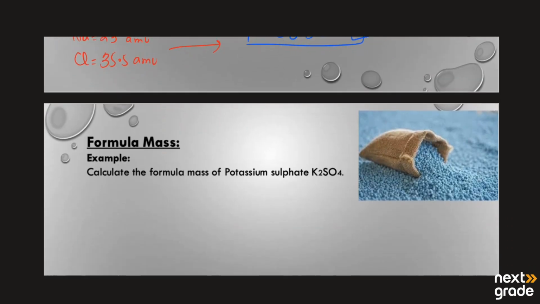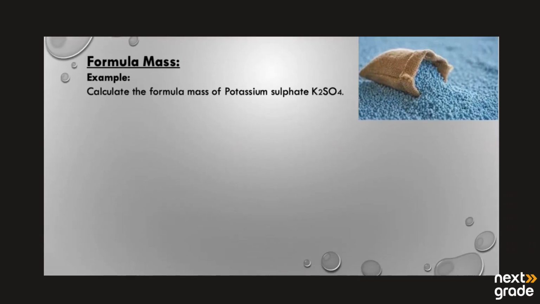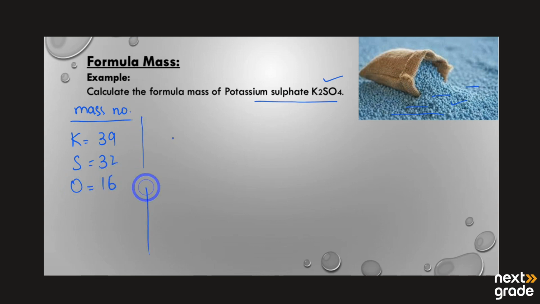Next we have one more example. We need to calculate the formula mass of potassium sulfate, whose formula is K2SO4, and its physical state is a granular, small solid. How do we calculate the formula mass of potassium sulfate? First of all we need to know the mass numbers. The mass number for potassium is 39, for sulfur 32, and for oxygen 16.